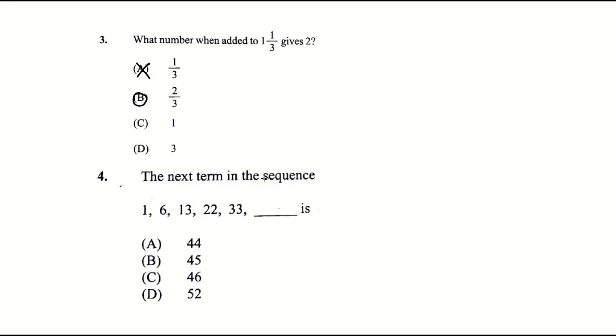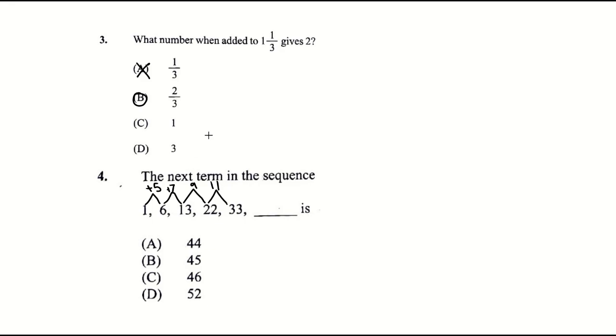This one, what is the next term in the sequence? We know from 1 to 6 you add 5. From 6 to 13, you add 7. So that's 13, 22 minus 13 is 9, and I bet this one is 11.